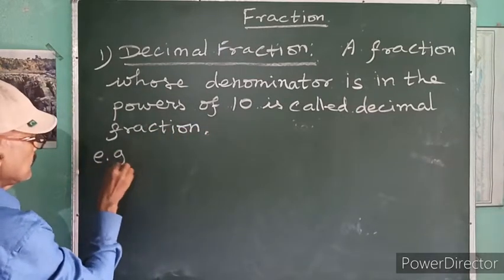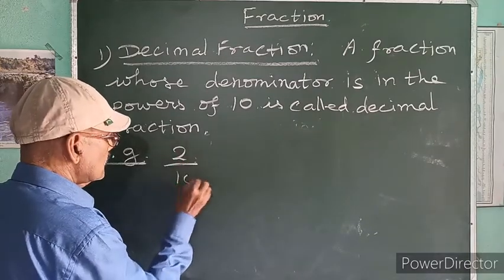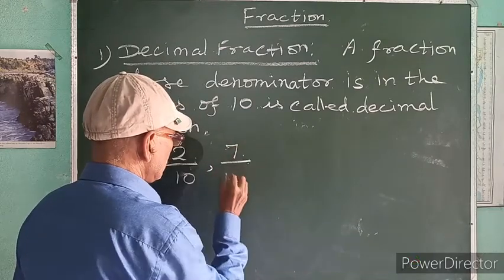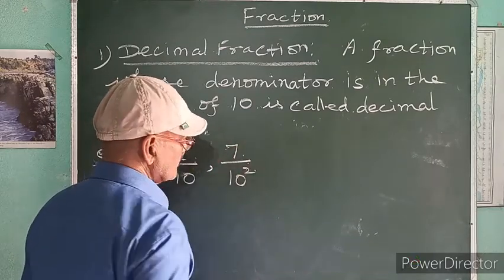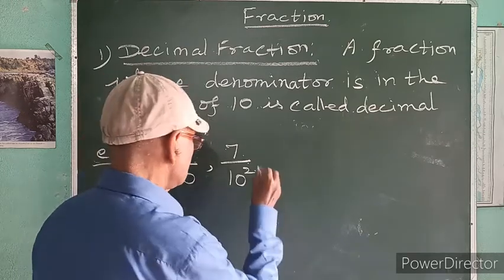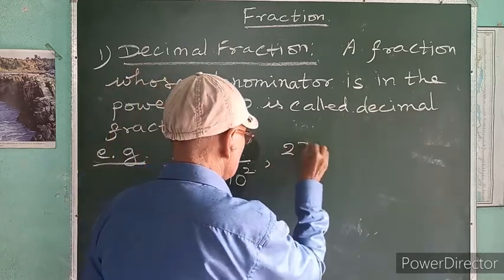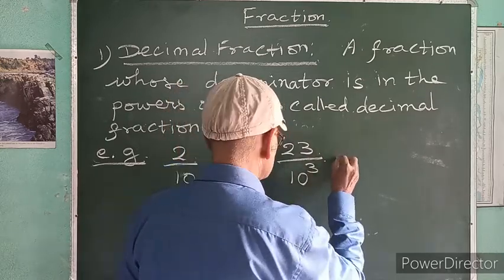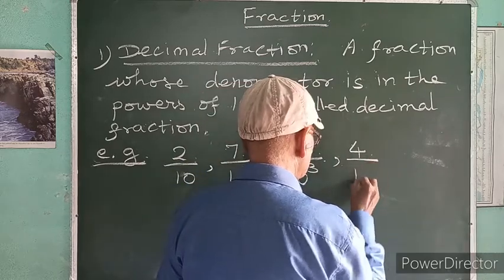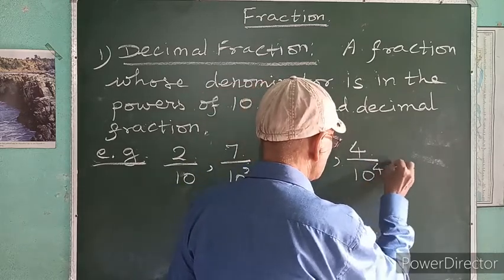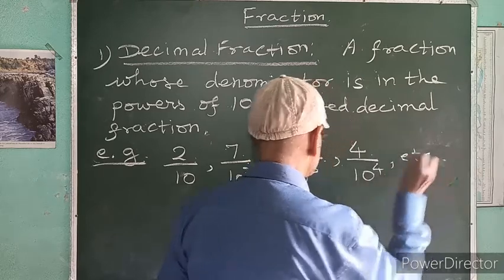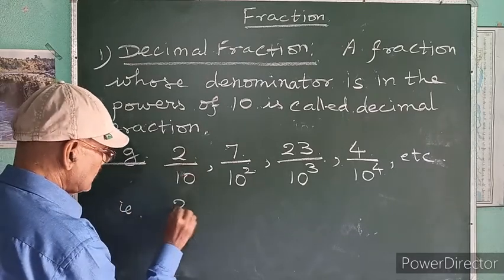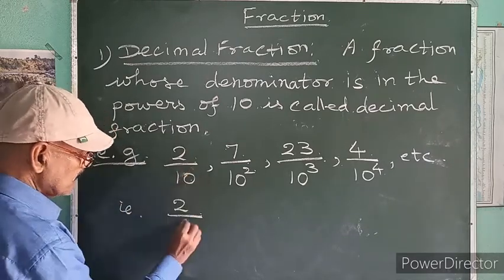Example: 2 by 10, 7 by 10 square, 23 by 10 cube, 4 by 10 to the power of 4, etc. That is, 2 upon 10 to the power of 1 means 10.